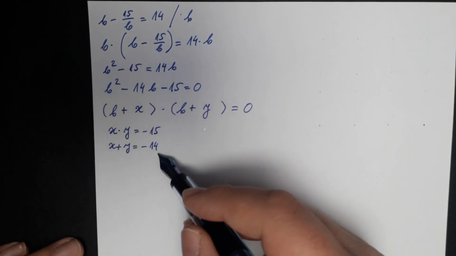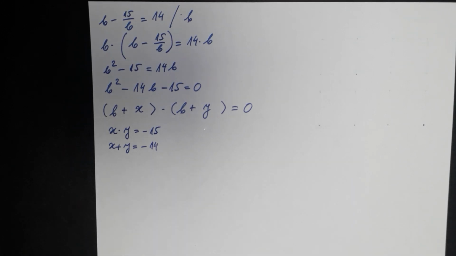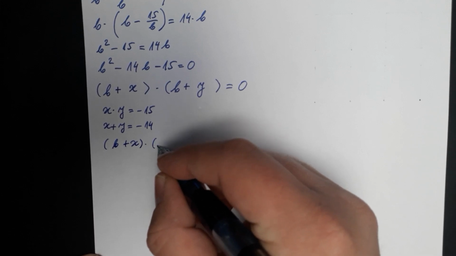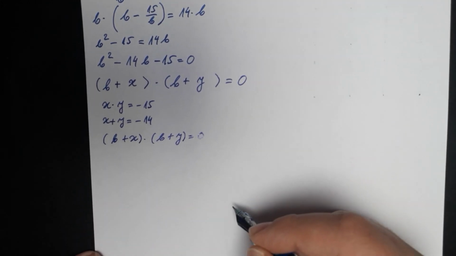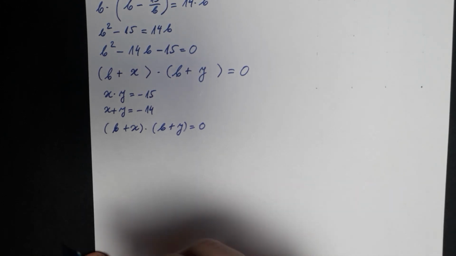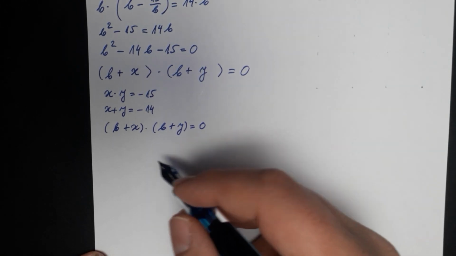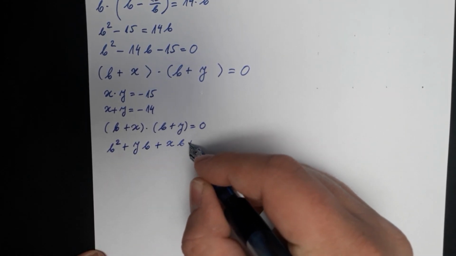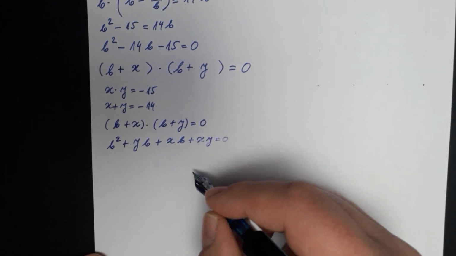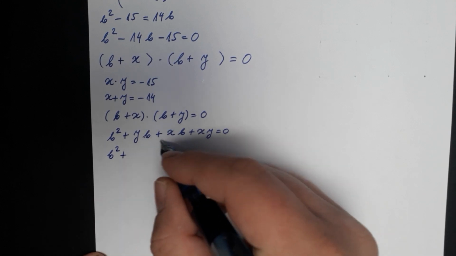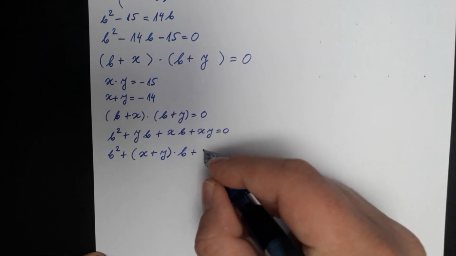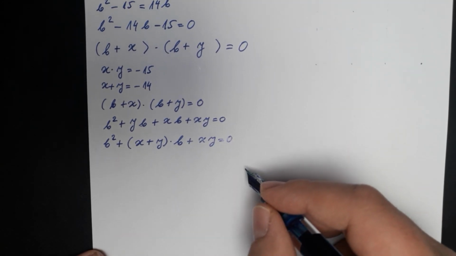Where did I get these two equations from? I have to explain in more detail what is happening behind the scenes. As you can see, we have our equation b plus x multiplied by b plus y in the second bracket is equal to 0. And we are now going to multiply these two brackets, so we get the following: b squared plus yb plus xb plus xy is equal to 0. b is common, so we have x plus y that multiplies b, and plus xy, which is equal to 0.